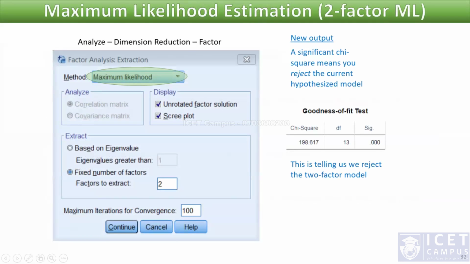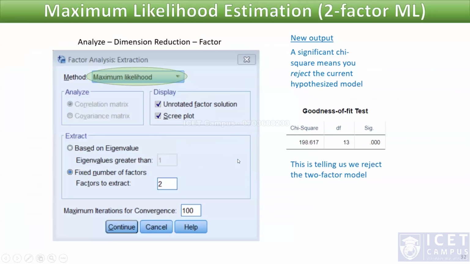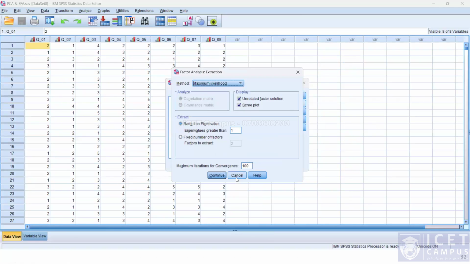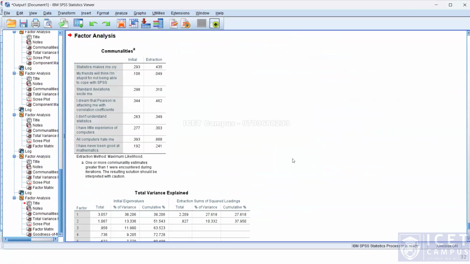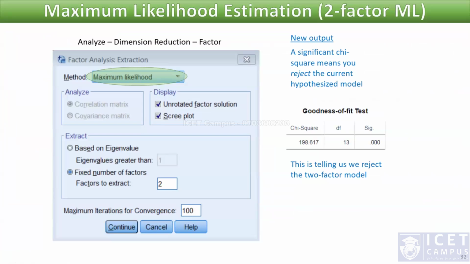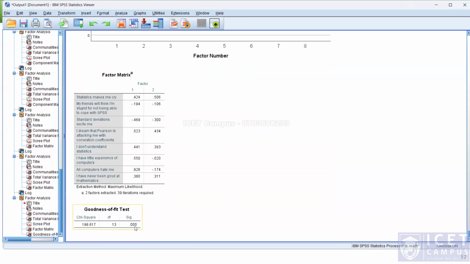Right. Then the next one is maximum likelihood. Here you can select maximum likelihood. You can see here a significant chi-square means reject the current hypothesized model. The chi-square value is significant.